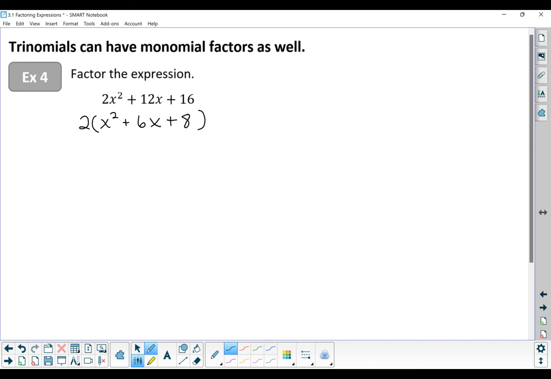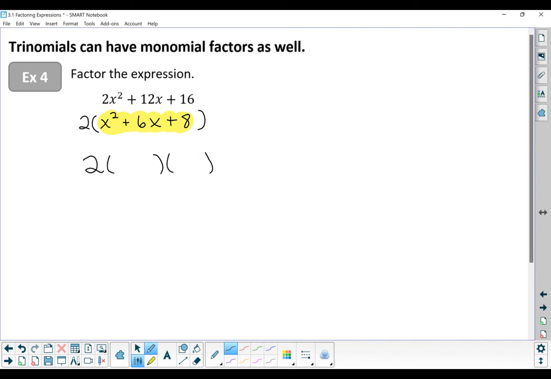So I look for the number that all of them have in common as a factor, and I factor it out. Now with the trinomial, I'm not finished yet. I still want to continue factoring, and I want to now focus my attention on this and think about, can I break that into two binomials?